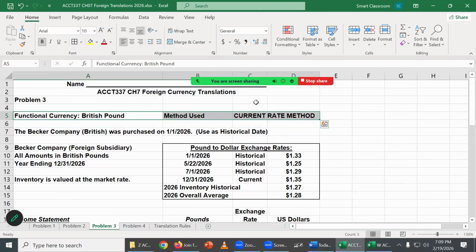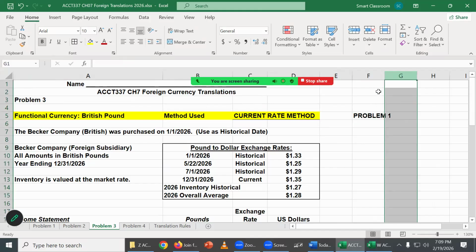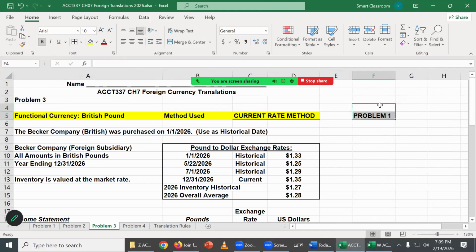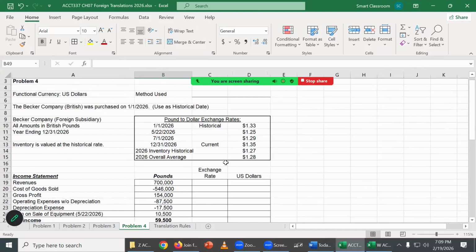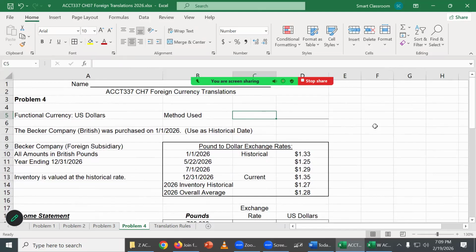This is similar to problem 1. And this one will be the temporal method, which is similar to problem 2.